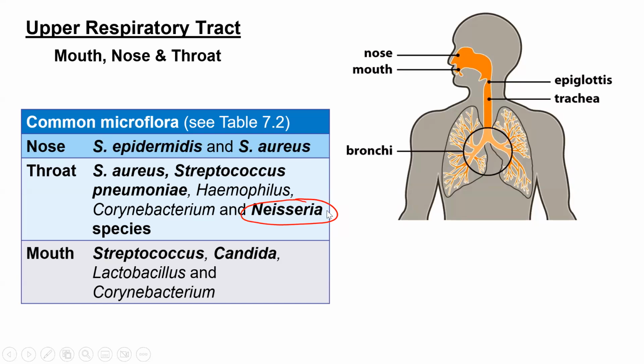We can move a little bit deeper in the respiratory system, and I'm not really going to talk about it too much. So the bronchi, the lungs, those kinds of places, we actually have very few microorganisms in there. Probably not zero. Older textbooks used to say they were completely sterile unless you had an infection. There are a lot of newer studies that seem to suggest that there are microorganisms in there, just in very small numbers. We have mechanisms for expelling the microorganisms.